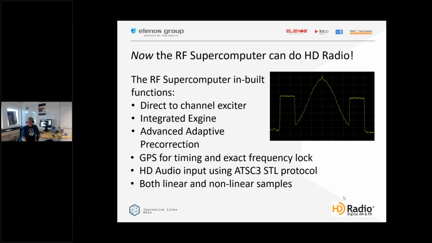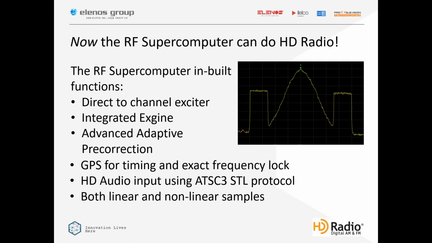And another thing we haven't mentioned is this RF supercomputer is going to be able to bring in audio using the new ATSC3 STL protocol. And why that's important is that there are audio processing people who are producing audio processors that can send the audio in ATSC3 STL mode.